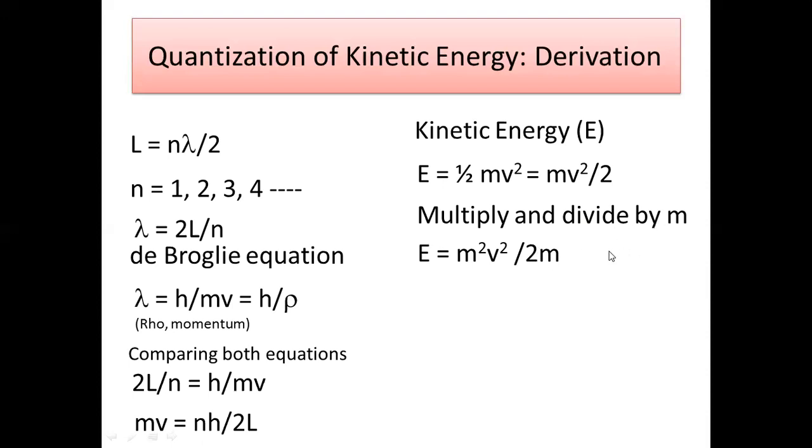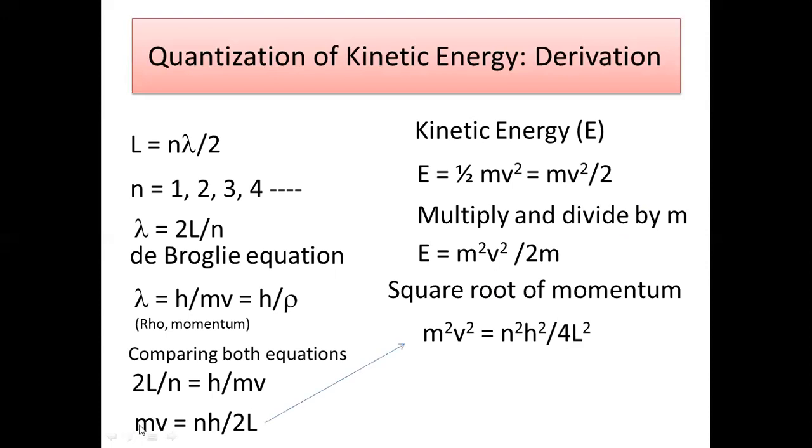If you divide an equation by 2 and multiply by 2, or by 100, there is no change in the equation. So this equation becomes like this, taking the square of the momentum, which we have already derived by comparing the de Broglie equation.